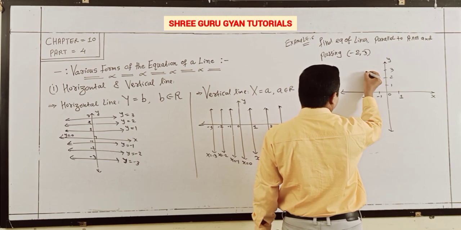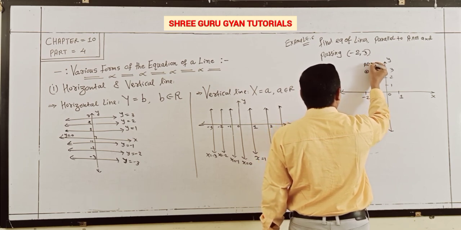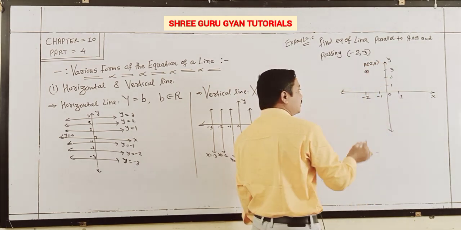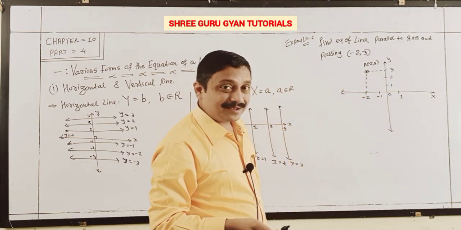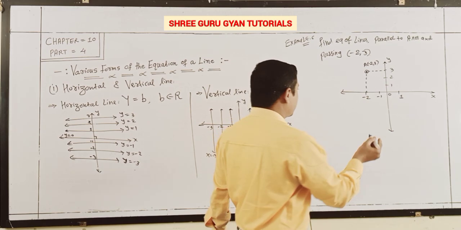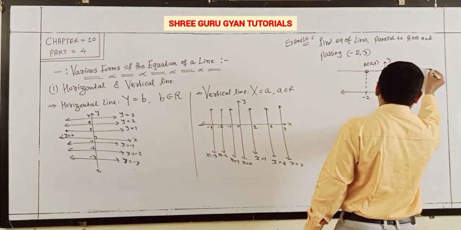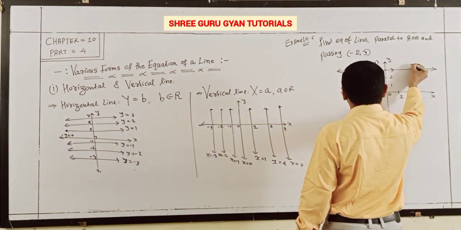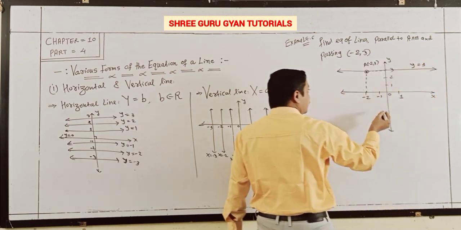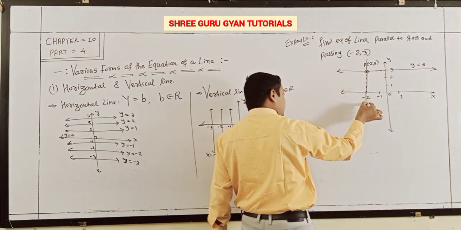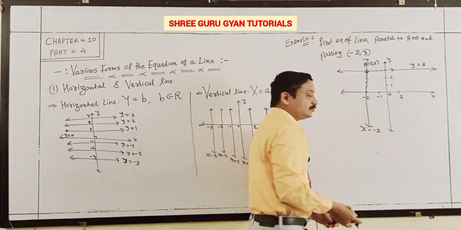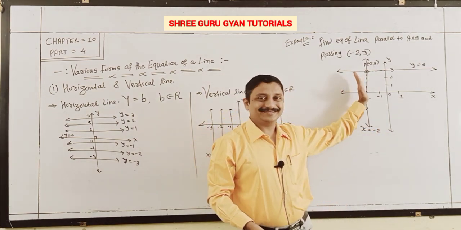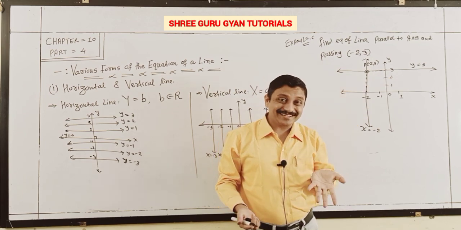Minus 2, 3 means you are here, point A. But I want lines parallel to the axes. So I can draw a straight line that intersects the y-axis, so y is equal to 3. And here I can also make a straight line, called x is equal to minus 2. This is the vertical line and that is the horizontal.